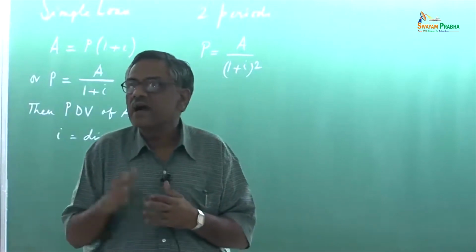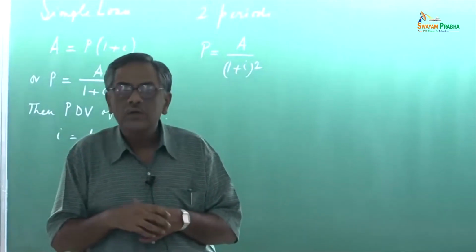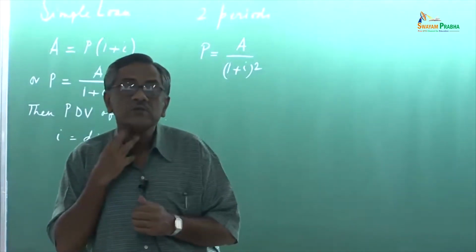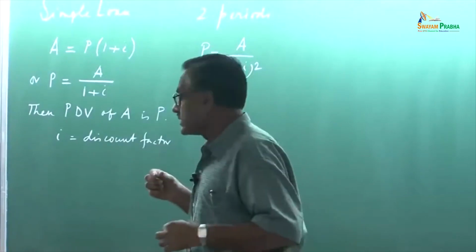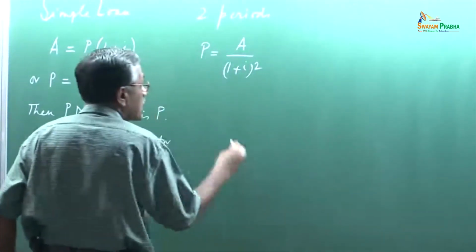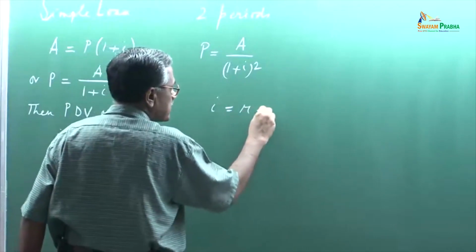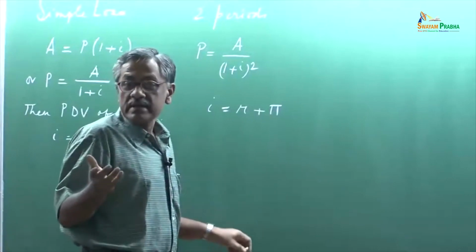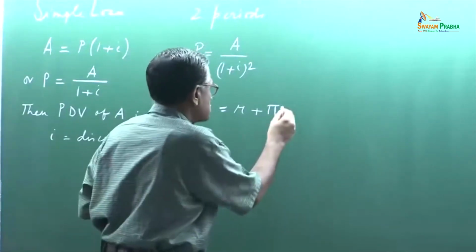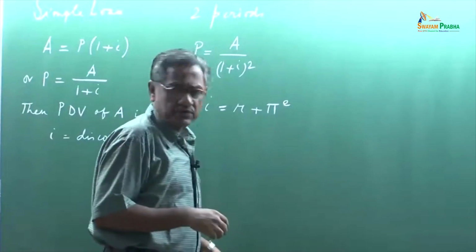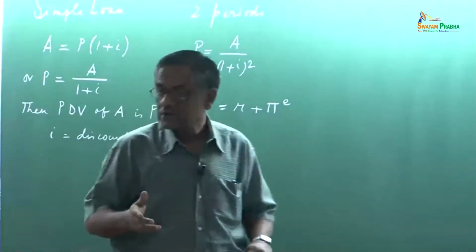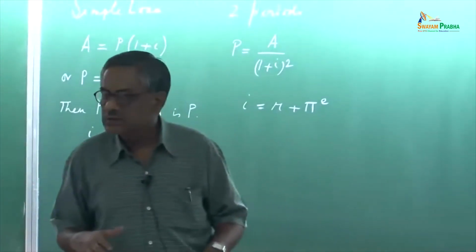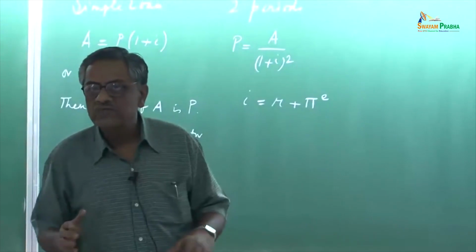Then I said, well, I is a nominal interest rate, where a nominal interest rate according to that Fisher definition, which we use in macroeconomics, is I is equal to real interest rate plus inflation rate. And often the inflation rate is the expected inflation rate. What do you expect? So, inflation rate has been considered in this formulation. This is what I was trying to tell you in the previous class.